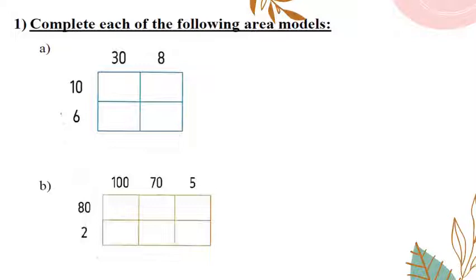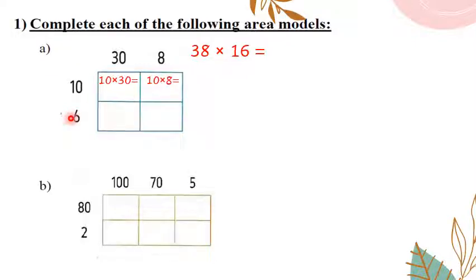Here, complete each of the following by using area model. He already drew the table and wrote here the numbers 10 and 6, 30 and 8. He already broke it for me. That means we have 38 times 16. Let's make distribution: 10 times 30 and 10 times 8.